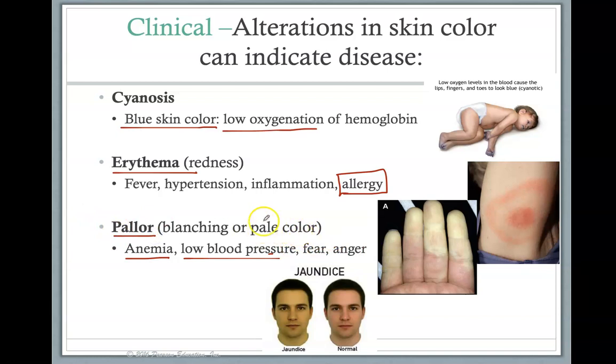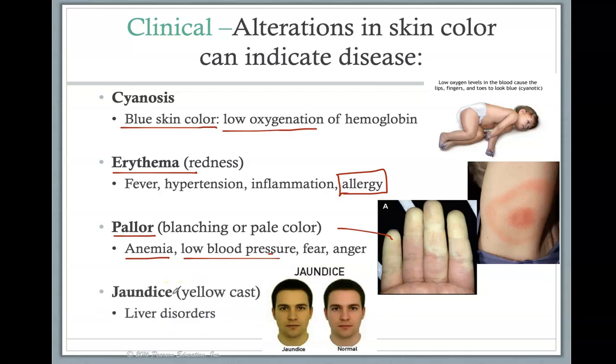Or if you have something called Raynaud's, which I actually have, you may get this in your fingers, especially when they get really cold. The blood flow to the extremities for me with Raynaud's decreases, and so you end up getting this pallor, this really pale coloration as those blood vessels constrict, and you don't have, again, as much of the pinkish hemoglobin color there.